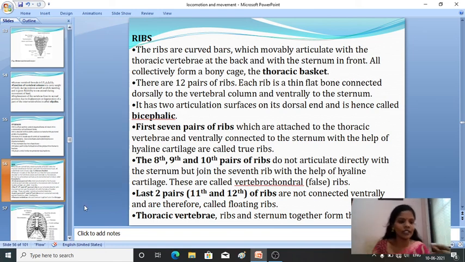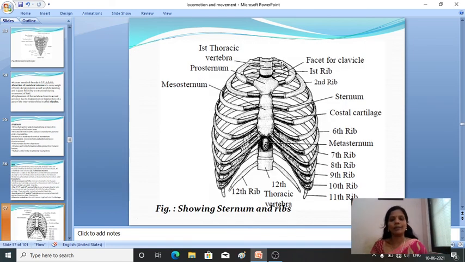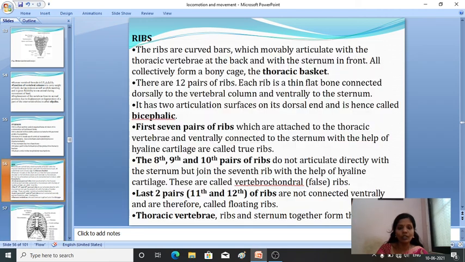Both sides are connected. The first to 7th pairs, 1 2 3 4 5 6 7, these 7 pairs of ribs are commonly known as true ribs. Okay.